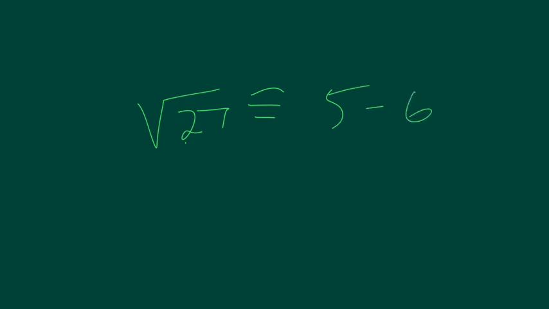It's definitely a lot closer to 25 than it is to 36. So therefore, we'd probably estimate this to be about 5.2, maybe 5.3. So if you said about 5.2 or 5.3, you're definitely pretty accurate there. So again, you're going to use your perfect squares to help you estimate square roots.